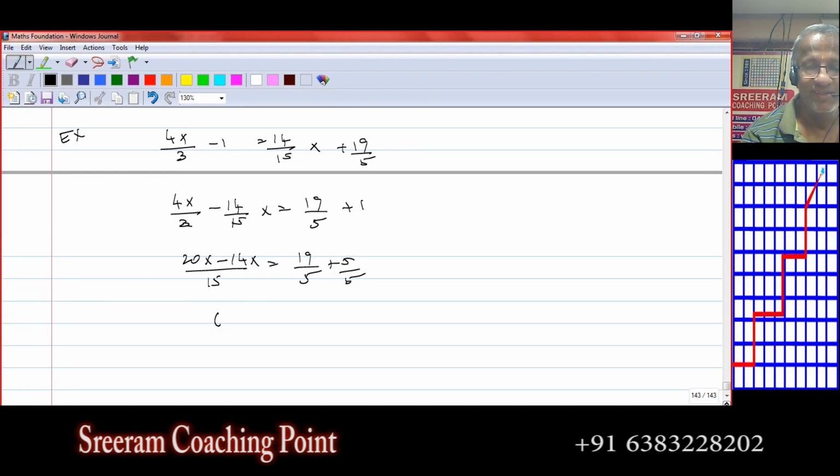Correct. 6x by 15 equal to 24 by 5. Am I right? So this is going to be 2x equal to 24, x equal to 12. Am I right?